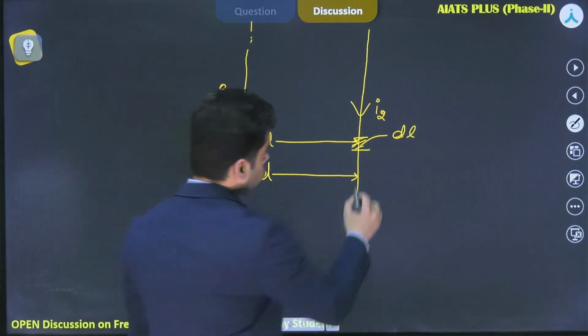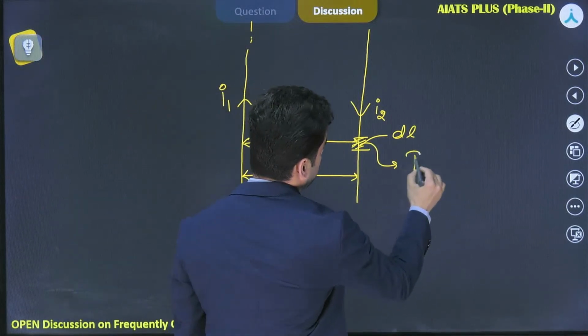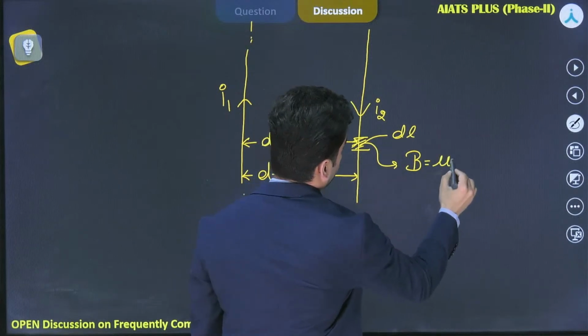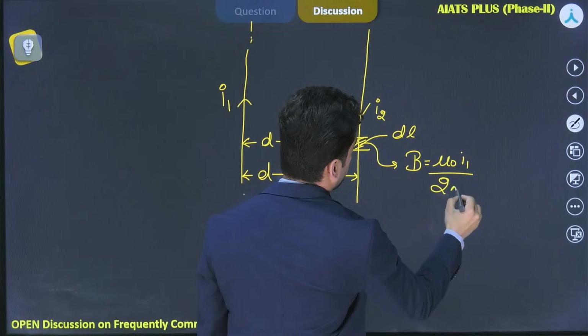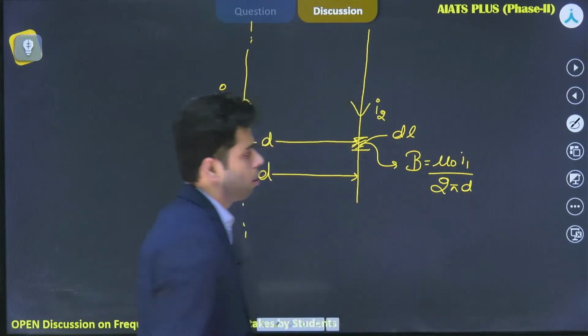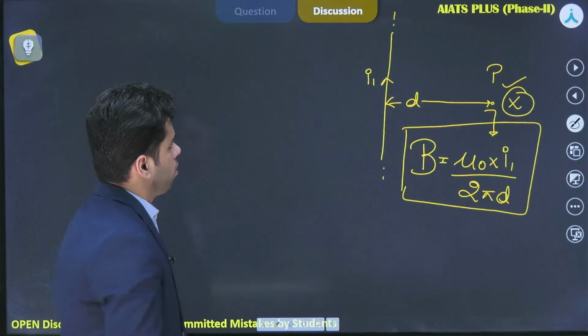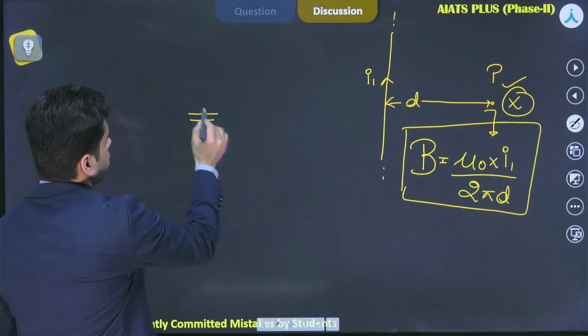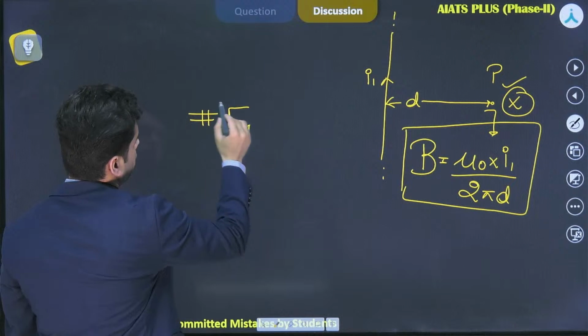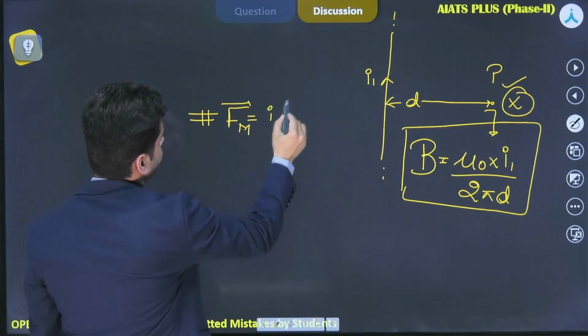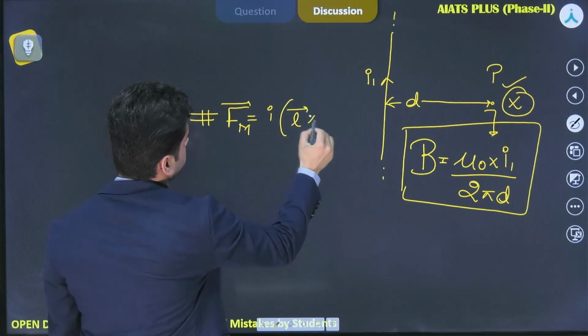So what should be the value of magnetic field at this point? It should be mu naught I1 over 2 pi d. Now, see, the magnetic force on a current carrying wire, Fm, is given by I times L cross B.